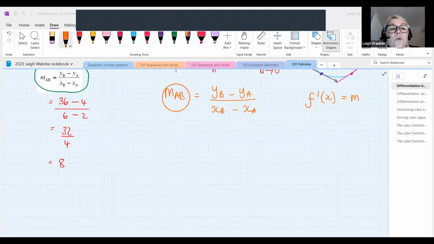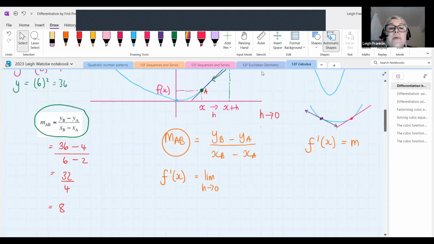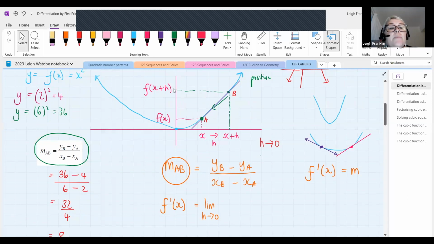Okay. So we say the derivative of the function, the gradient at a particular point, is the limit as h tends to 0 of the y at b. Now let's go back and look at what the y at b was called.